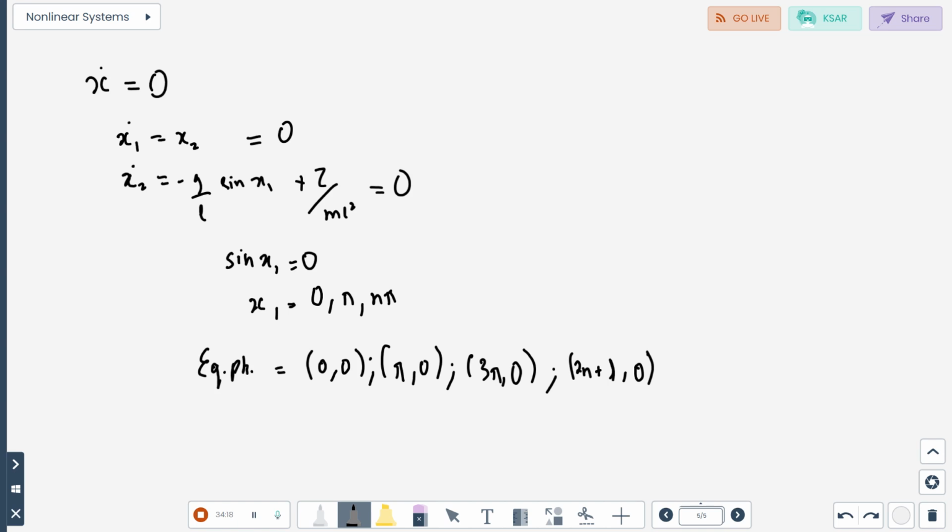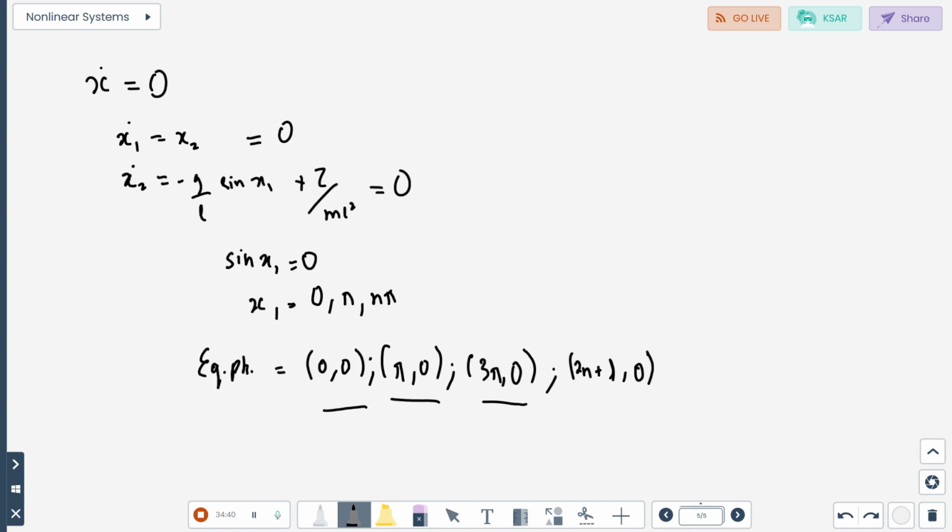Now, to figure out whether the system is stable or not, you will have to find out stability at 0, 0, at pi, 0, and at 3 pi, 0. So this is how, again, a nonlinear system is different from a linear system.